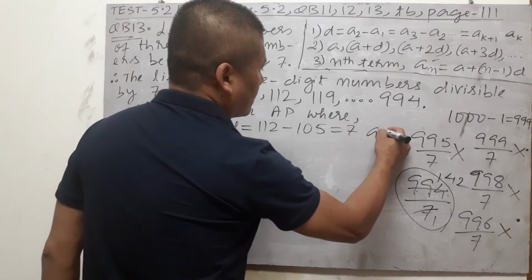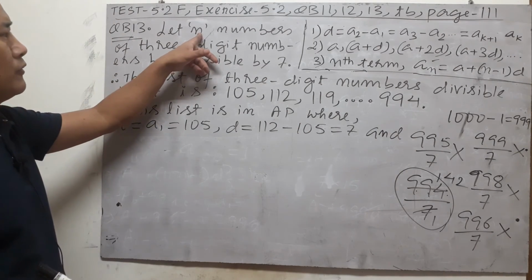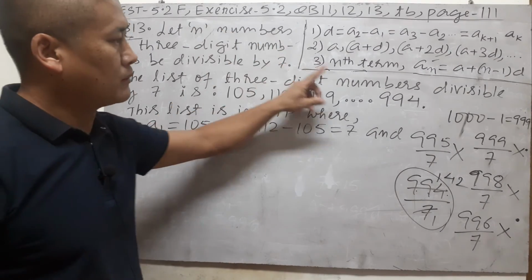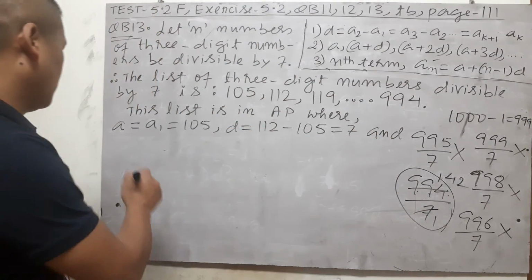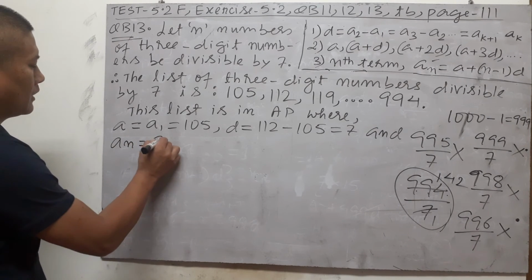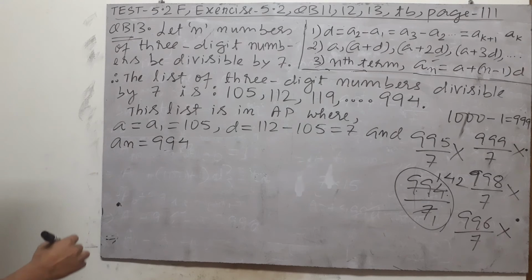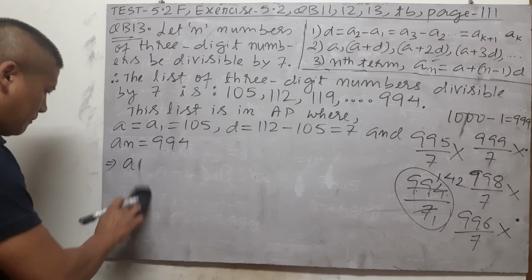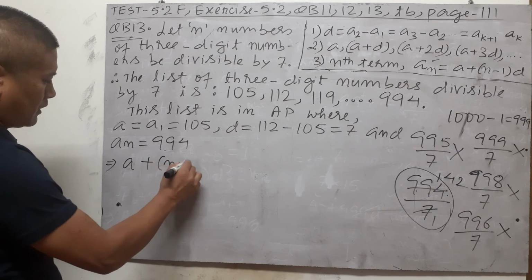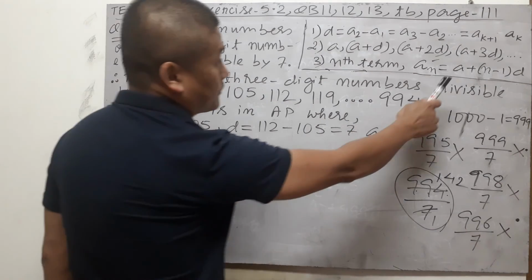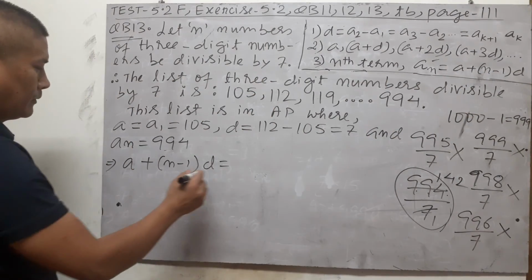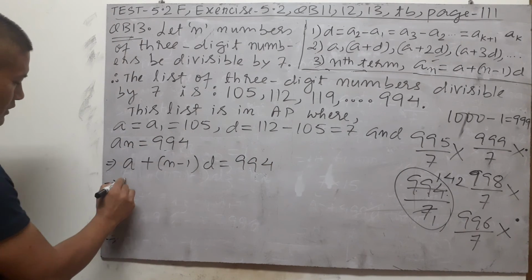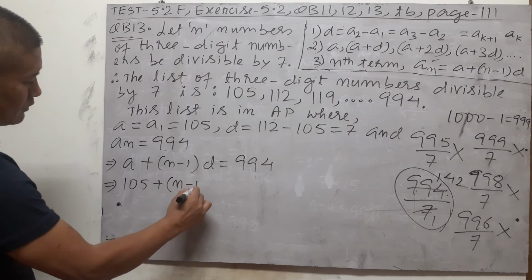And if there are n total number of 3-digit numbers divisible by 7, then the nth term will be the last term, and the last term is this one, 994. So that means an, the last term value, is 994. We know that the formula is an equals a, or a1, plus n minus 1 into d, as you can see here. A plus n minus 1 into d equals 994. Then we have the value for a, which is 105, plus n, we don't know yet, so n minus 1 into d.